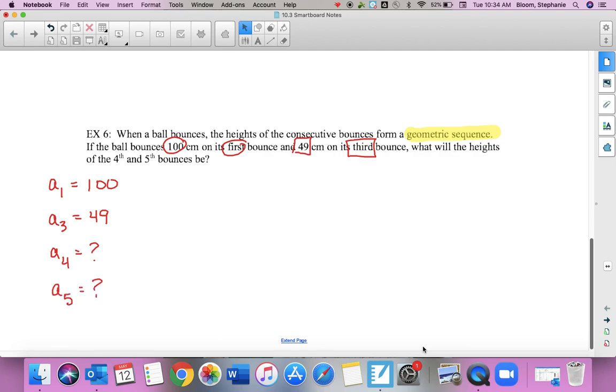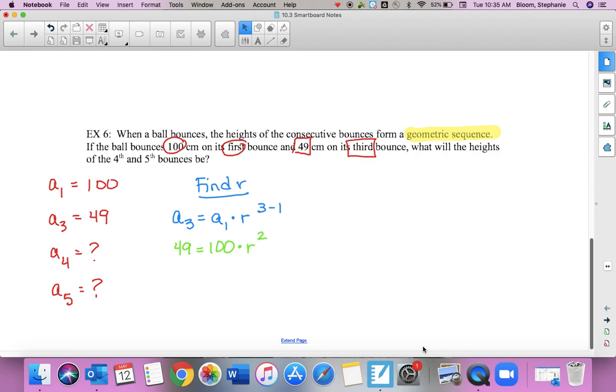We don't know our r, so that's how we're going to start, like we did up above. We're going to find r first. If I know my third term, then I can plug in information. That's why I'm putting a 3 there for my n. Then I plug in what I know: my third was 49, my a of 1 was 100, and then I have r squared.